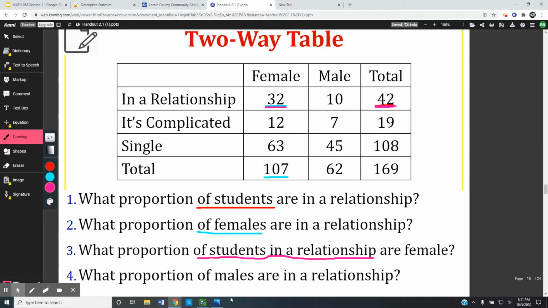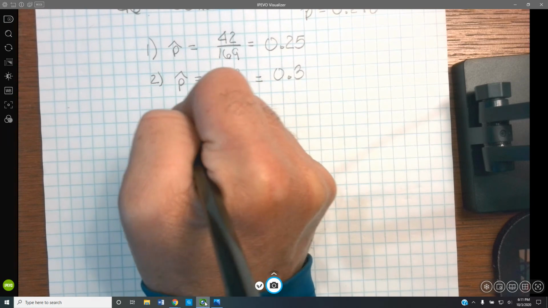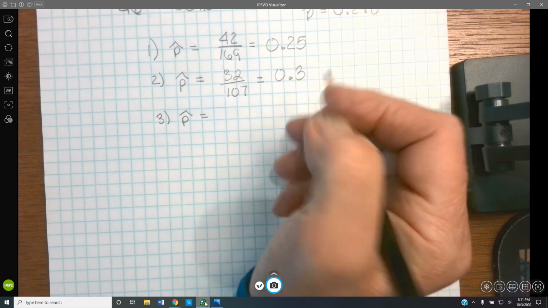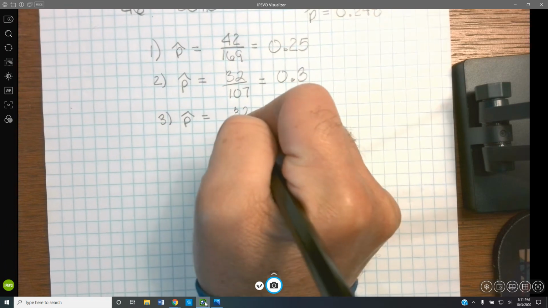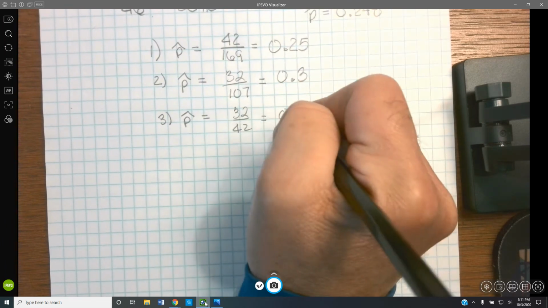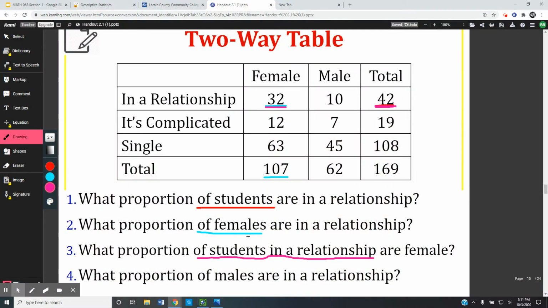So now my calculation for the p-hat value for number 3, and remember, the p-hat means my proportion of the sample, is 32 out of 42 for 0.76. Drastically changes with the wording of who is the entire population that I'm looking at.